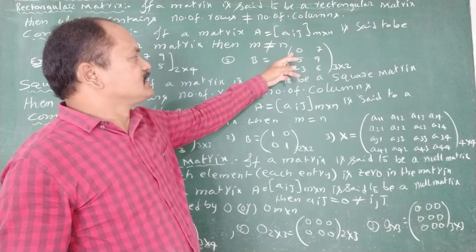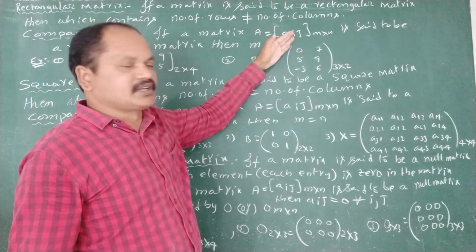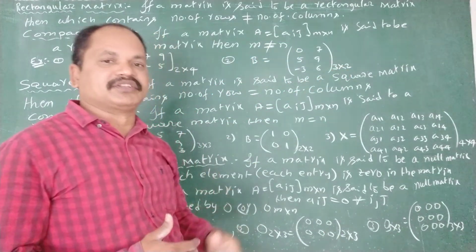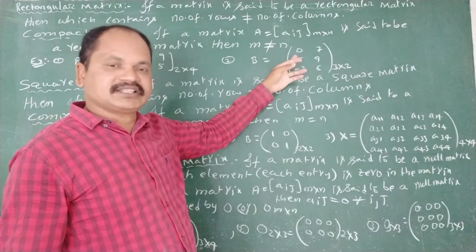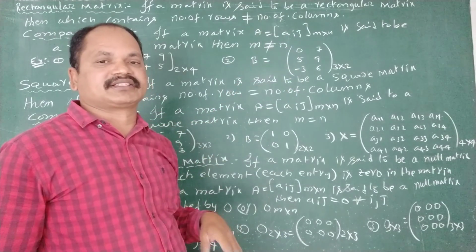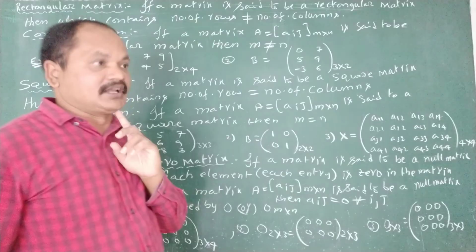And this other one has 3 rows and 2 columns, so m is not equal to n, and m is greater than n. That's why this is a rectangular matrix, and it is called a vertical matrix.